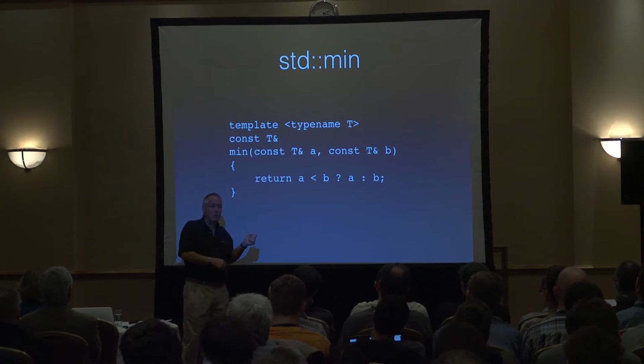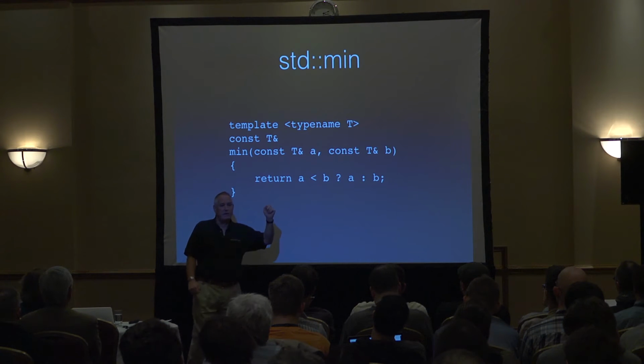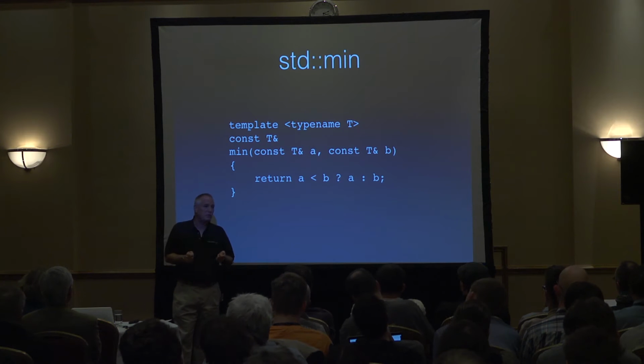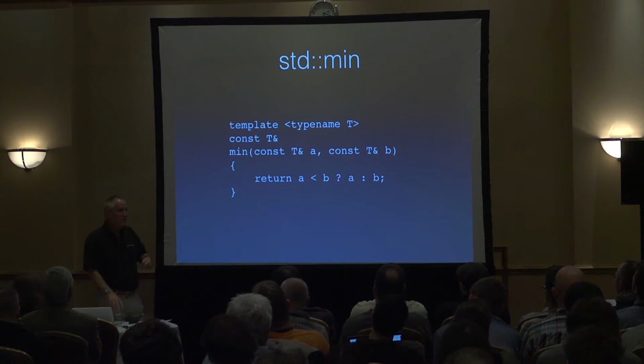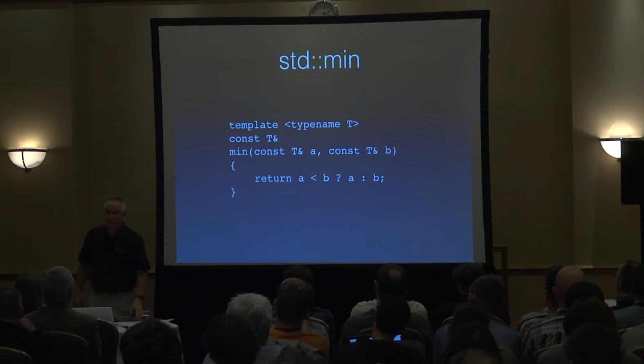And it has a 3-parameter version that takes begin and end and a predicate, a function that compares 2 values and returns a Boolean, so that you can sort things in reverse order, or you can sort things that don't have an operator less than, like, say, complex.